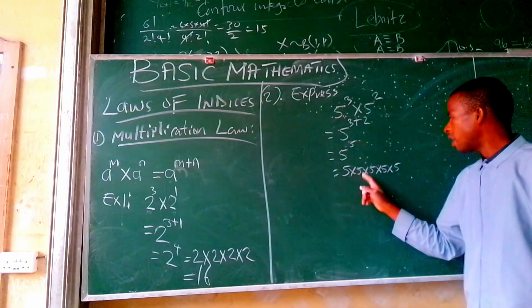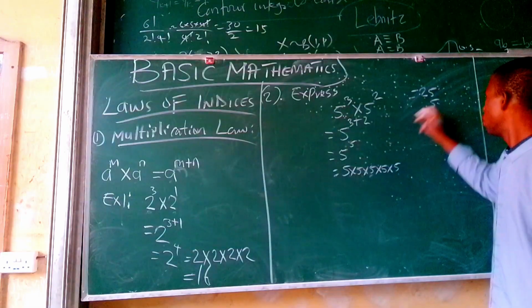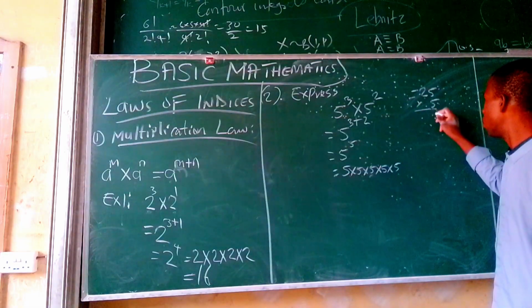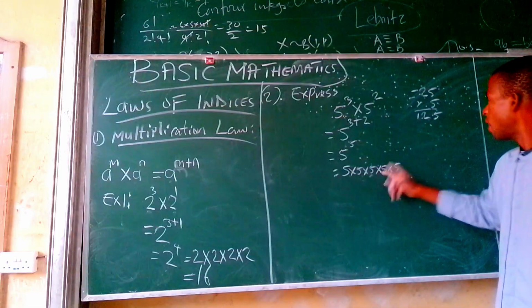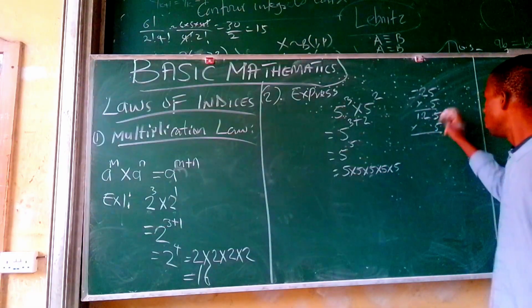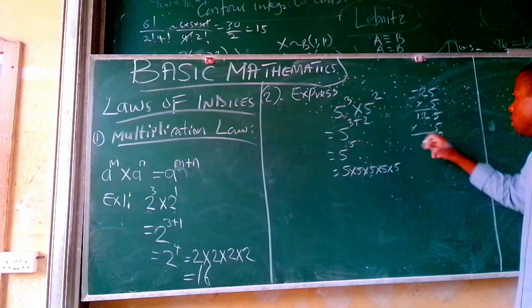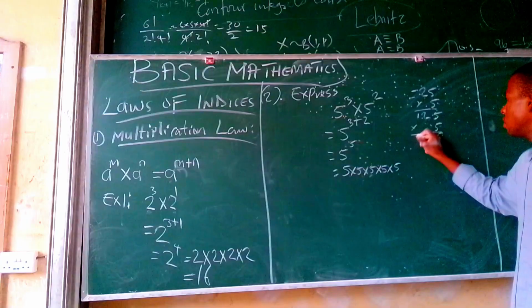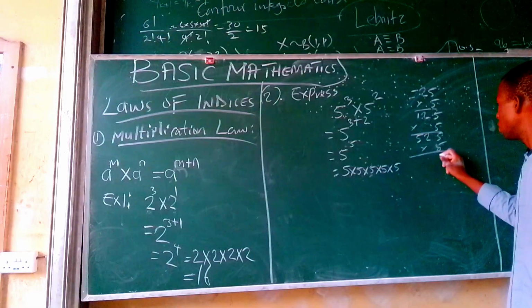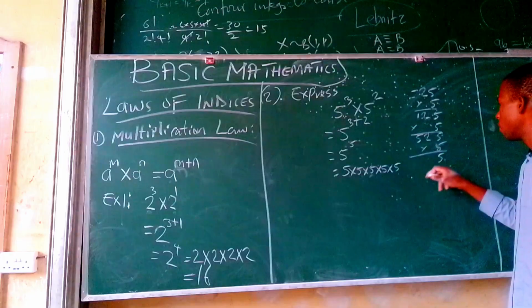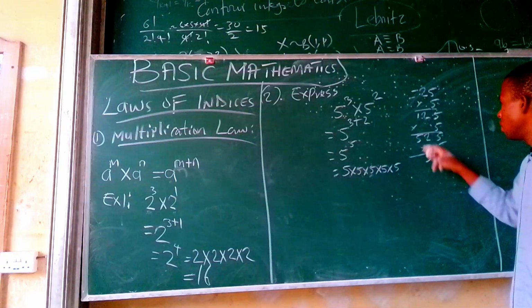5 times 5 is 25. Now 25 times 5 is 125. Then times 5 again. 5 times 5 is 25. 5 times 2 is 10, plus 5, that is 15. 5 times 5 is 25, plus 1.